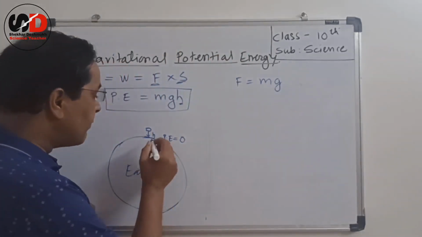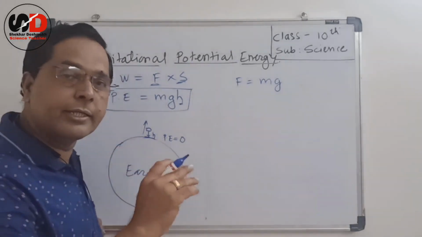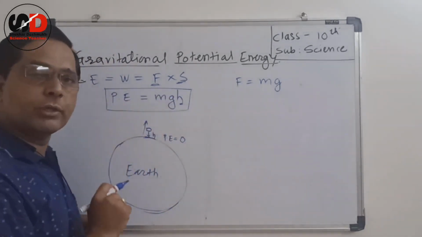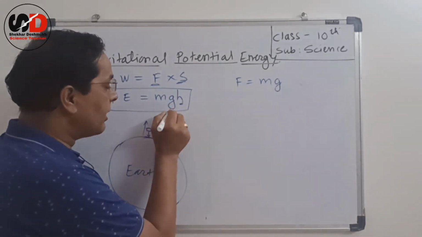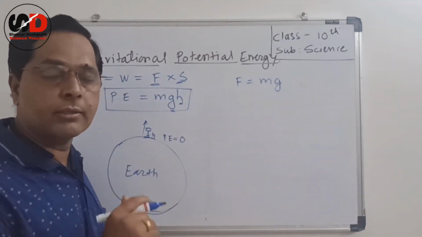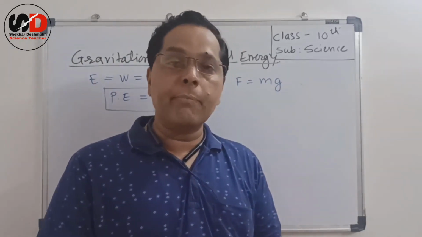As we go above the surface of Earth, that means we are increasing height. Definitely from this formula, potential energy also increases, because for smaller heights, g is constant. In last video, we have seen the example of aeroplane.